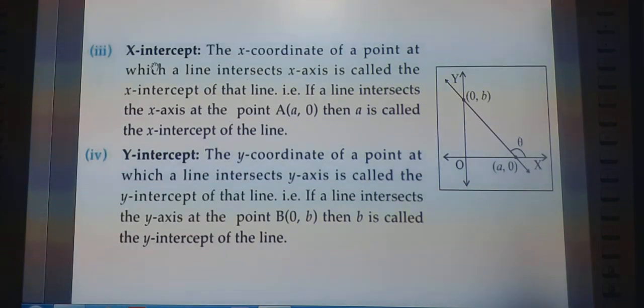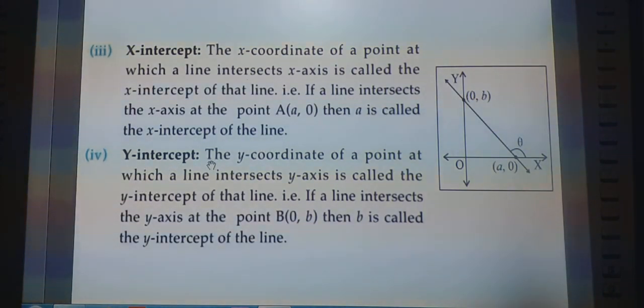So we see x-intercept. The x coordinate of a point at which a line intersects x-axis is called the x-intercept of that line. That is, if a line intersects the x-axis at the point A(a, 0), then a is called the x-intercept of the line.